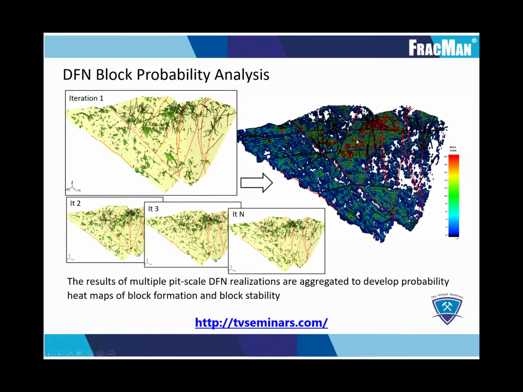In the case shown here, a number of these areas with higher block probability locations seen in the hot colors result in observed instability during mine life.